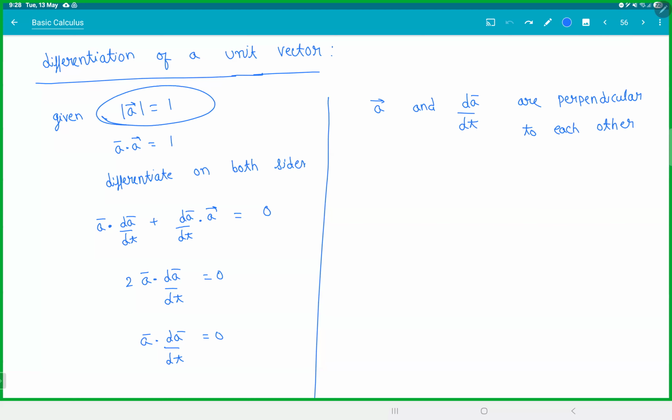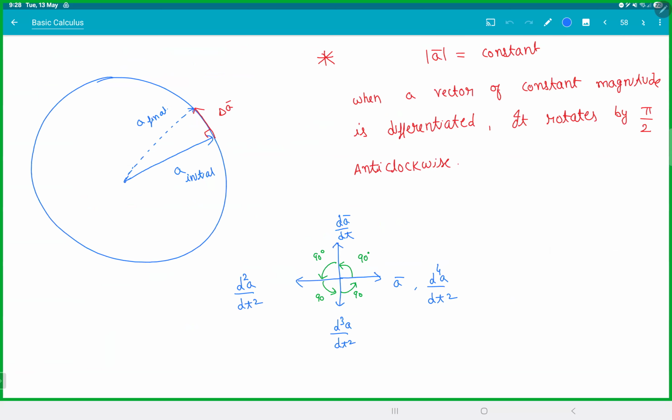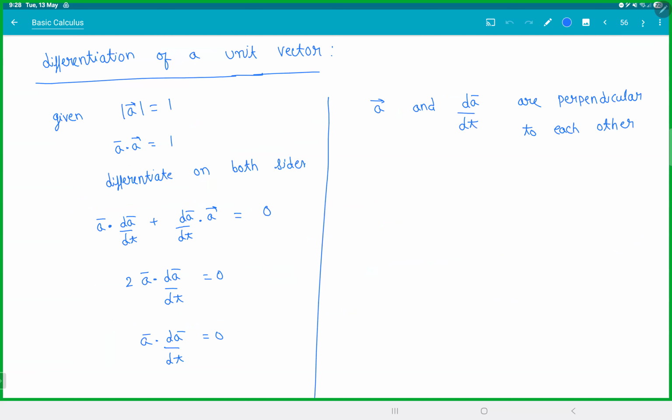If A bar is 1, then the magnitude will always remain constant. But if A bar has some value, then the length will keep increasing, but the direction will always rotate 90 degrees. Like in the last circular motion question, it will keep increasing by a factor of R, like 4, 8, yes. So only for A equal to 1 will it remain constant.